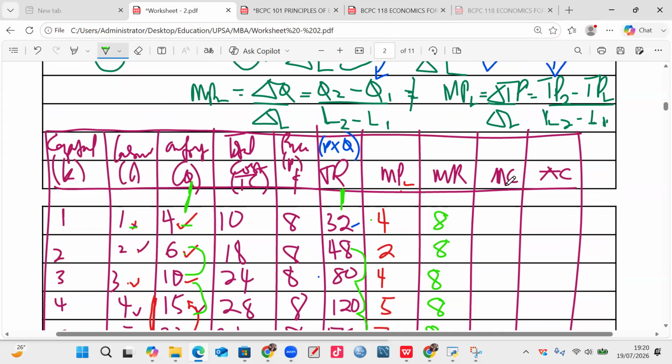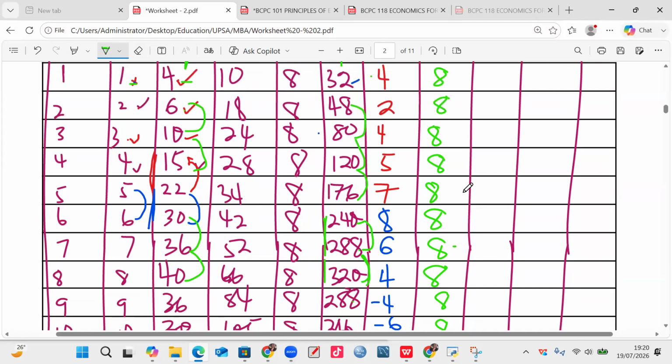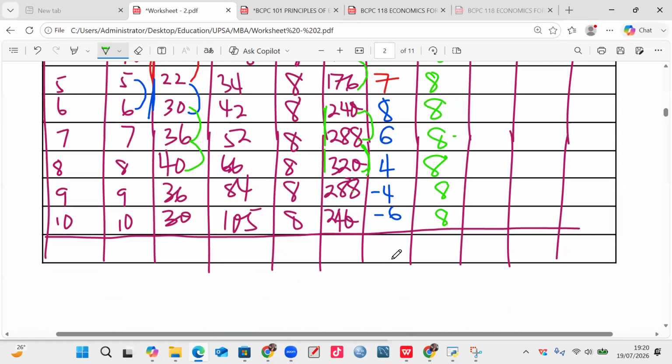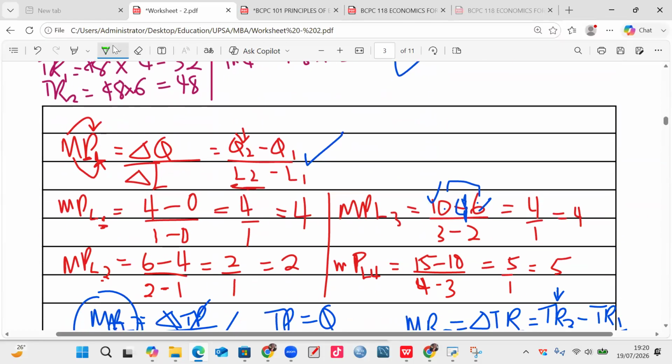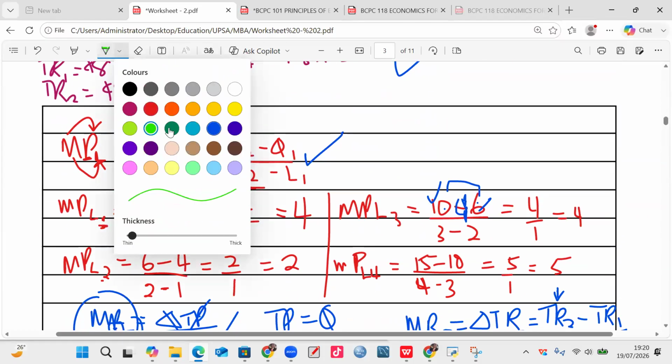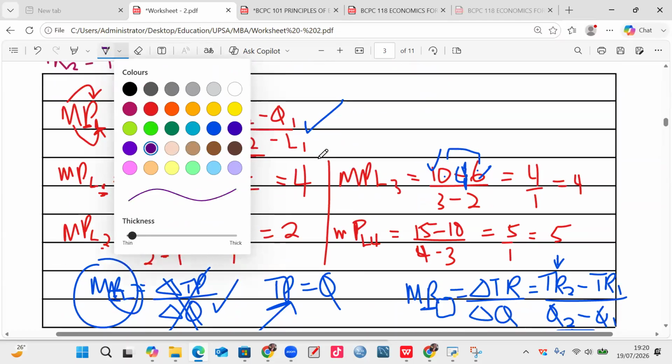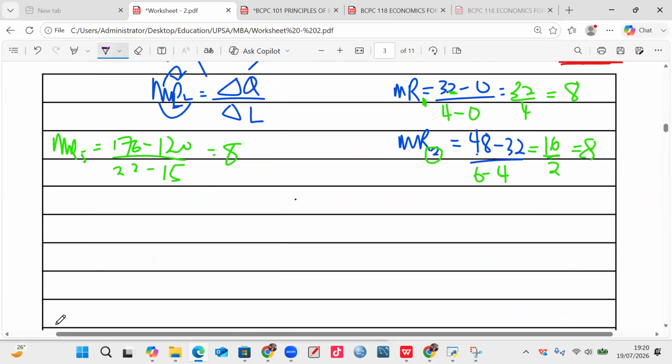So MC, marginal cost, will simply be quite the opposite. I give the formula for the marginal cost based on what you have done so far: change in total cost over change in quantity.